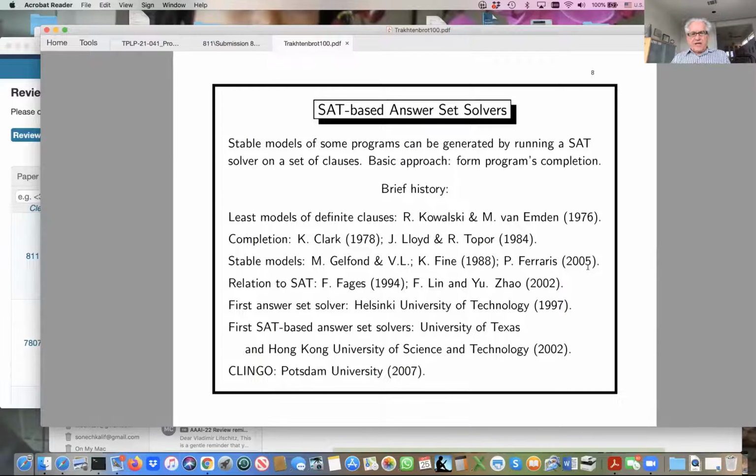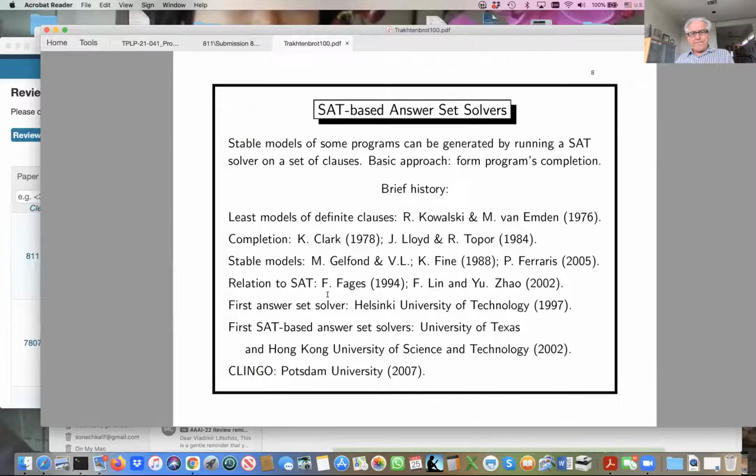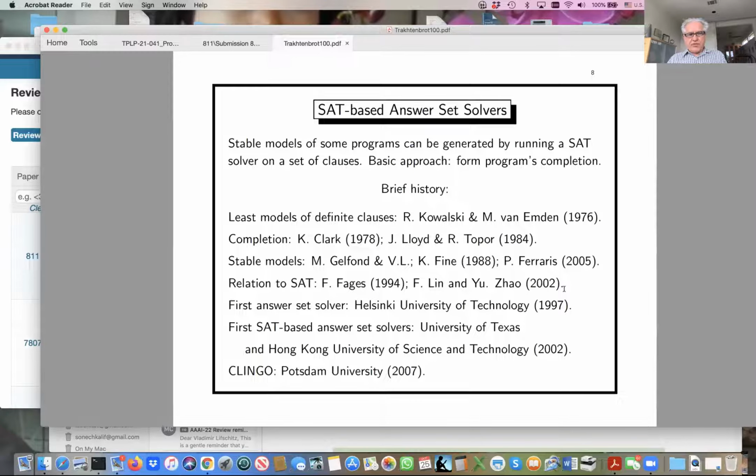The first result relating stable models to completion that could be used for the design of SAT-based solvers, as we realized years later, was found in 1994. And the more sophisticated form of this relationship, which significantly extends the class of programs for which stable models can be computed using this method, was found in 2002.